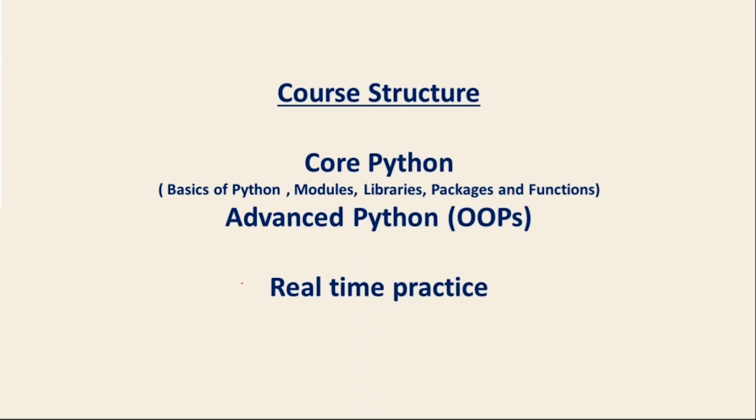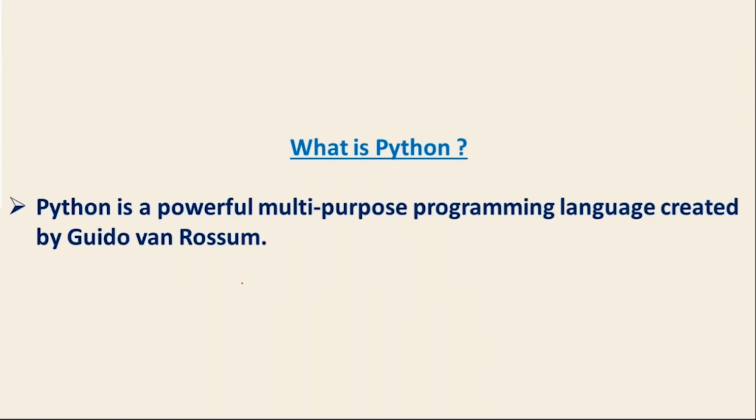So finally, I just want to give some information about Python. Simply, what is Python? Python is a powerful multi-purpose or general purpose programming language created by Guido van Rossum. Multi-purpose or general purpose means you can use Python anywhere in real time.